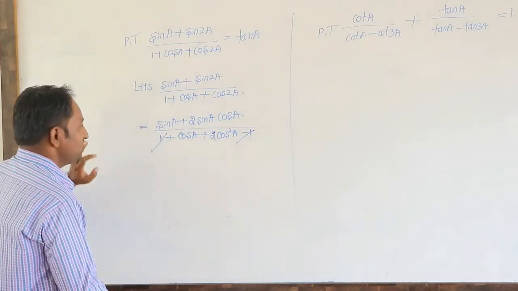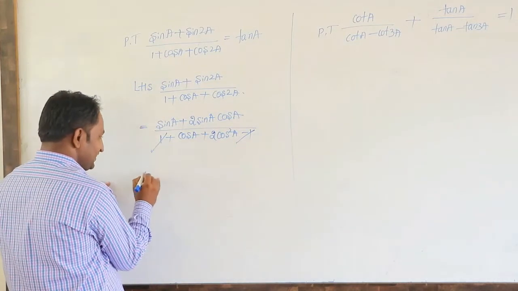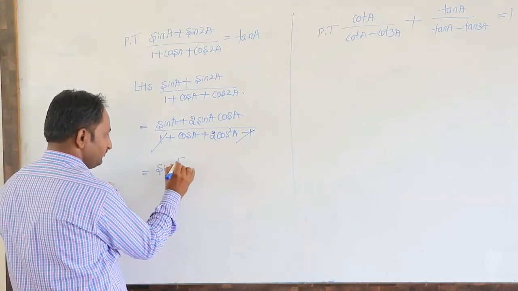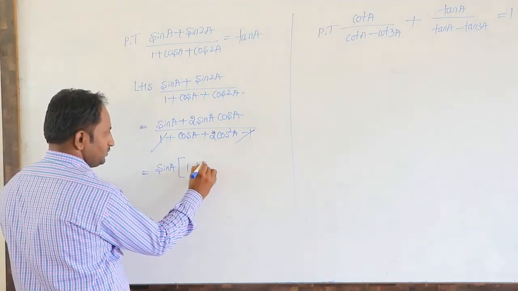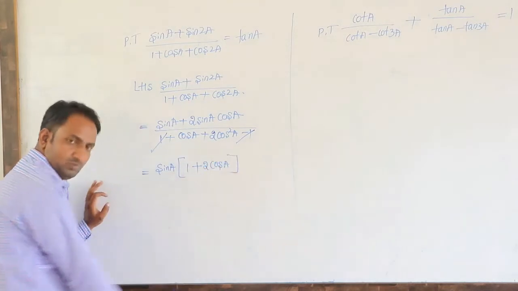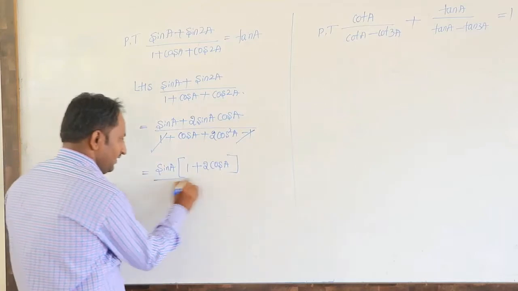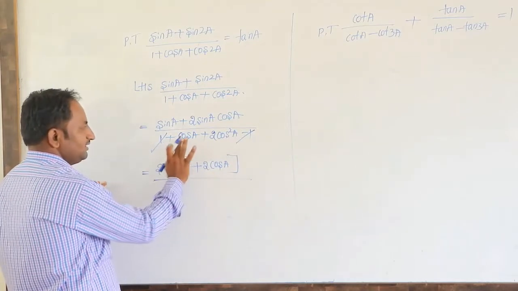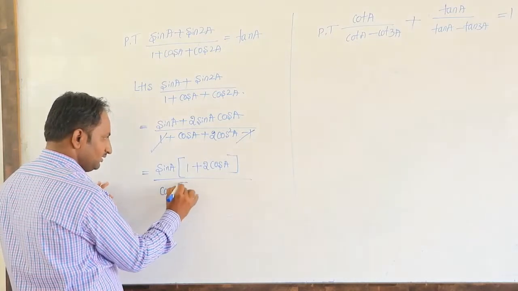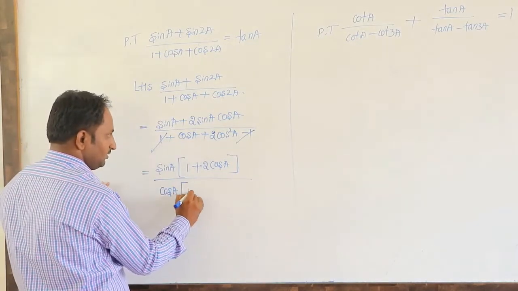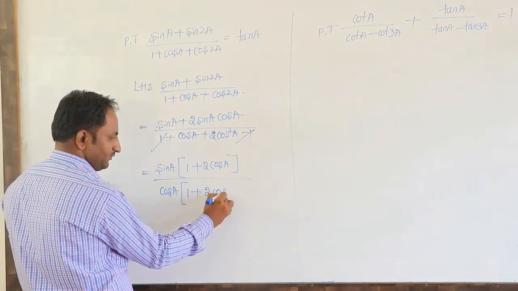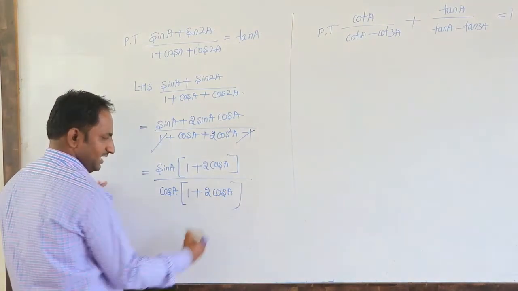In the remaining side, sin a is taken common in the upper side. We get sin a times (1 + 2 cos a), divided by, in the denominator, taking cos a common, (1 + 2 cos a).